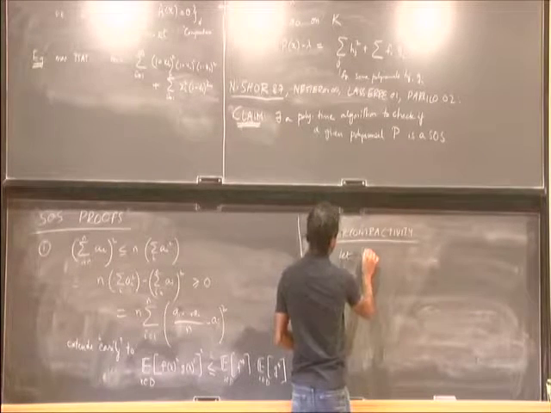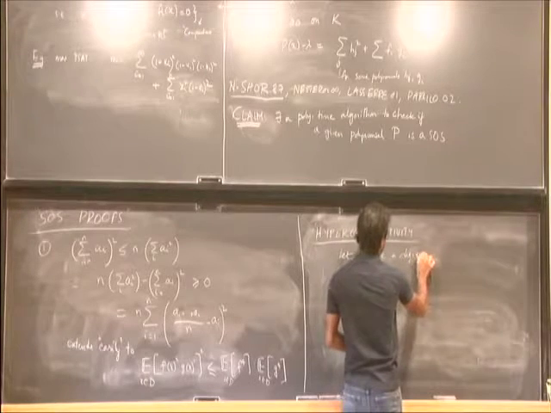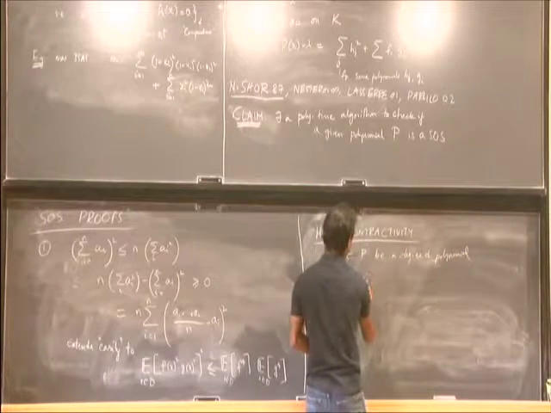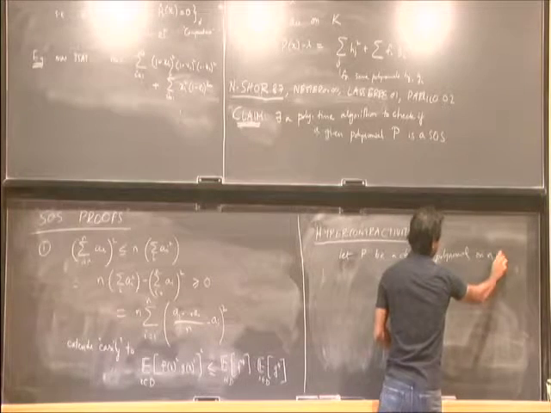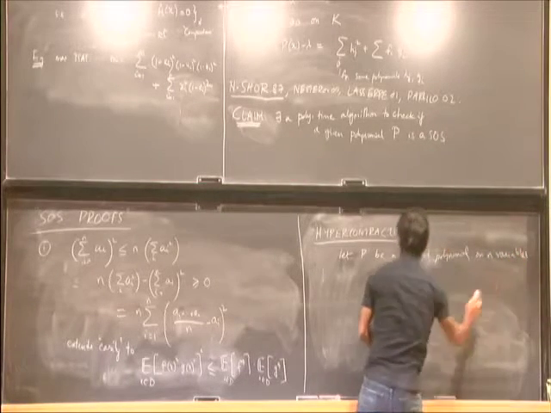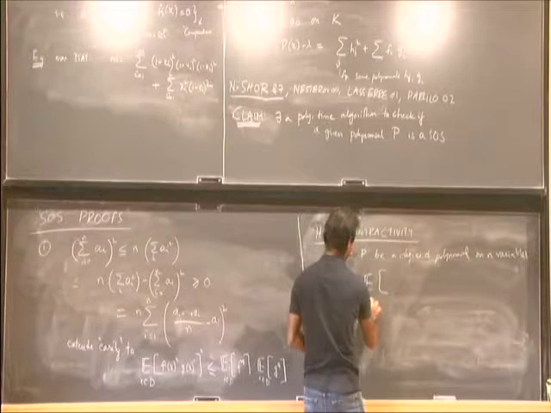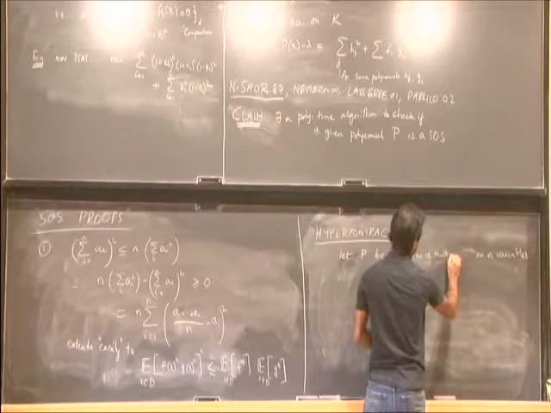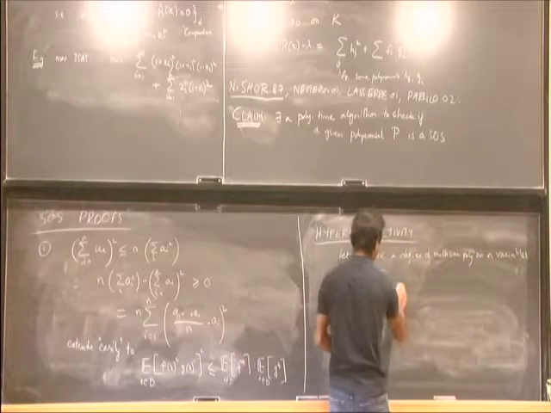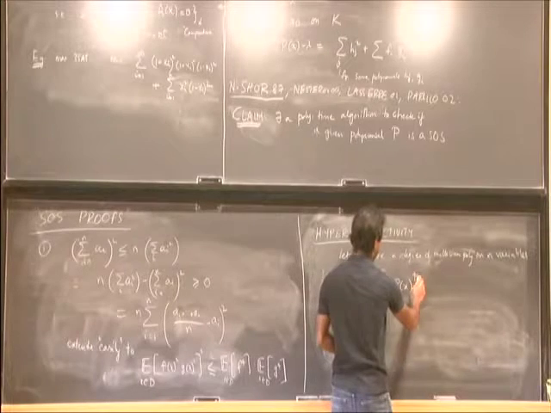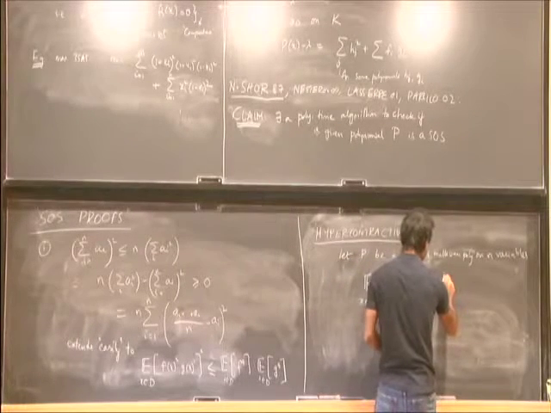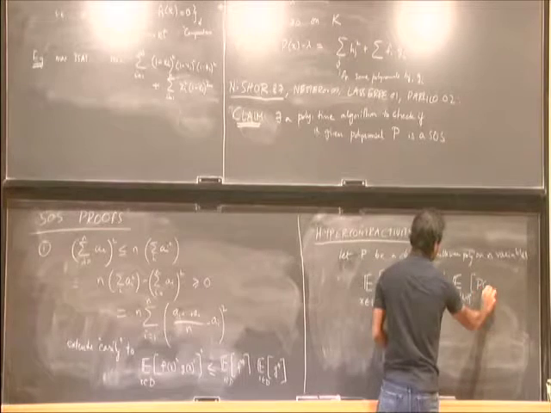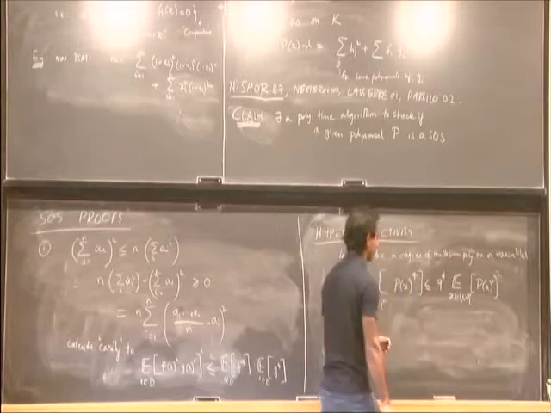Let P be a degree d polynomial in n variables, and I want to say that the expectation of the multilinear polynomial to the fourth power can be bounded in terms of the variance.